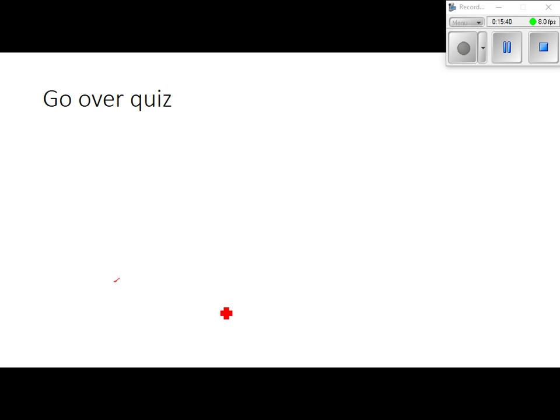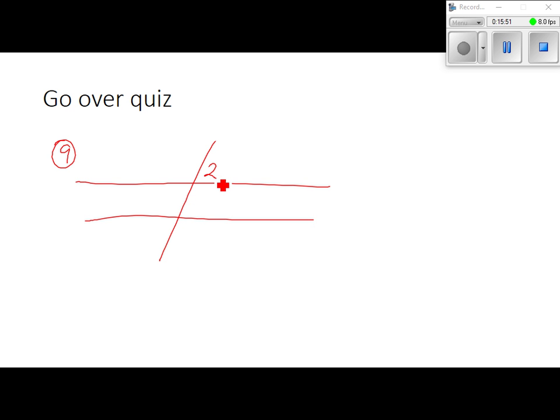Problem 9 looks something like this. Should we be able to find all the angles on number 9? Yes. Now I'm just going to draw the picture real quick here. They only want us to find angle 1 and angle 2.